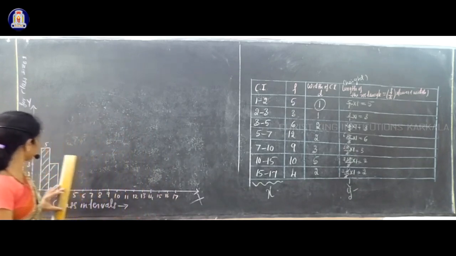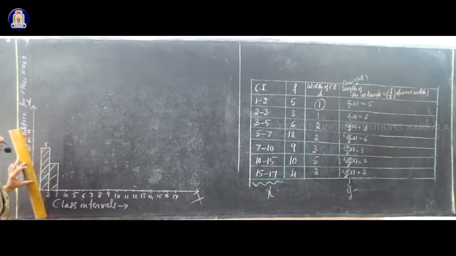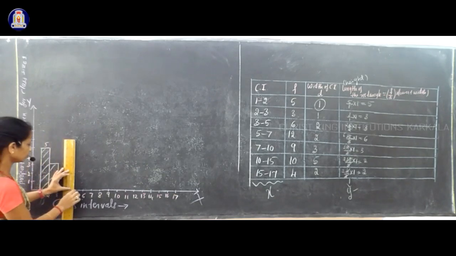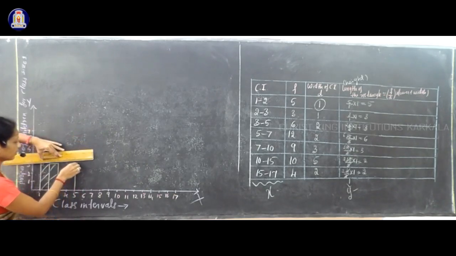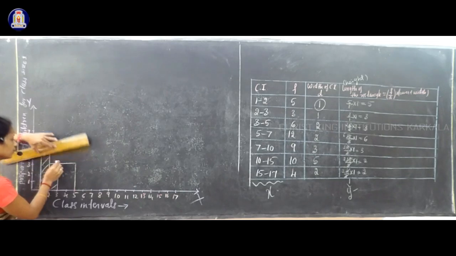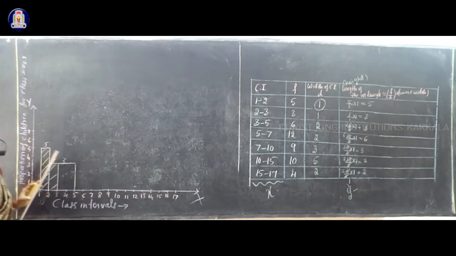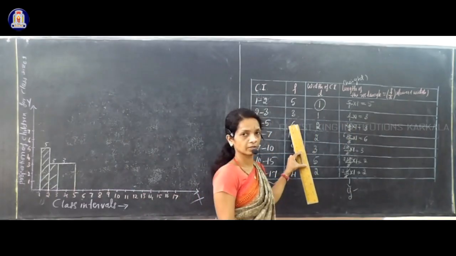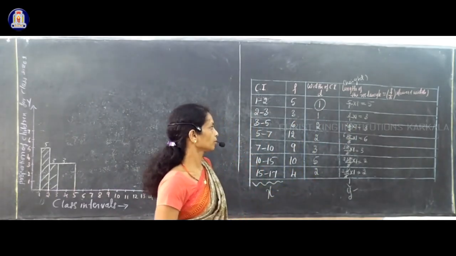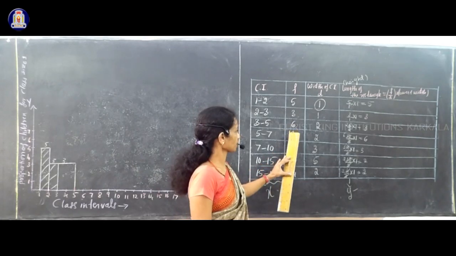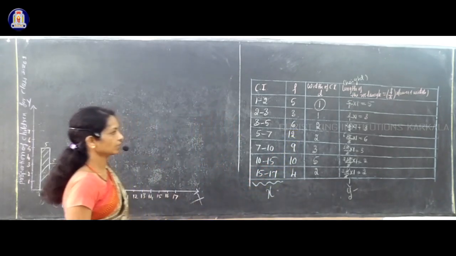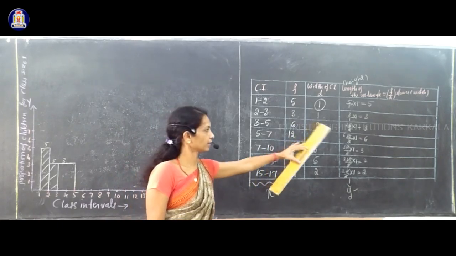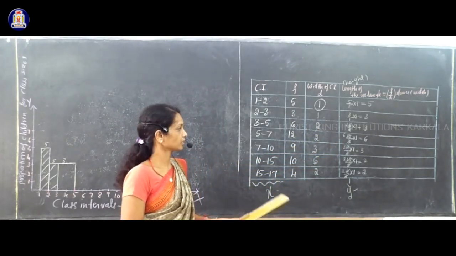Now next rectangular bar of height 3 again, that is from 3 to 5. Okay, from 3 to 5 you have to draw rectangular bar of height again 3. Actual frequency is 3, but in the question table you are given frequency 6. Next frequency is what?